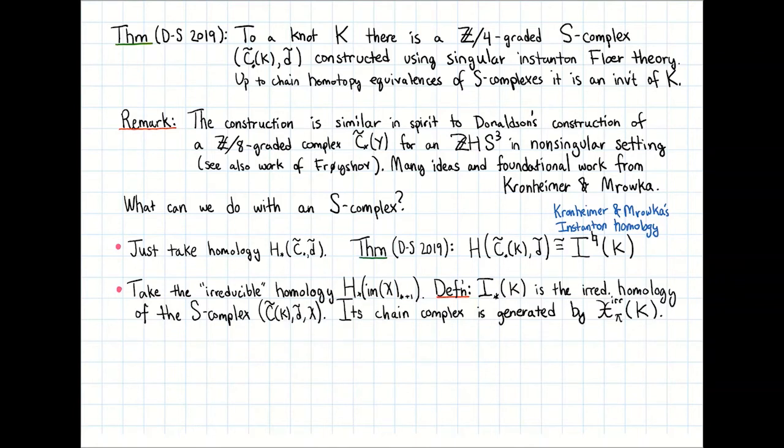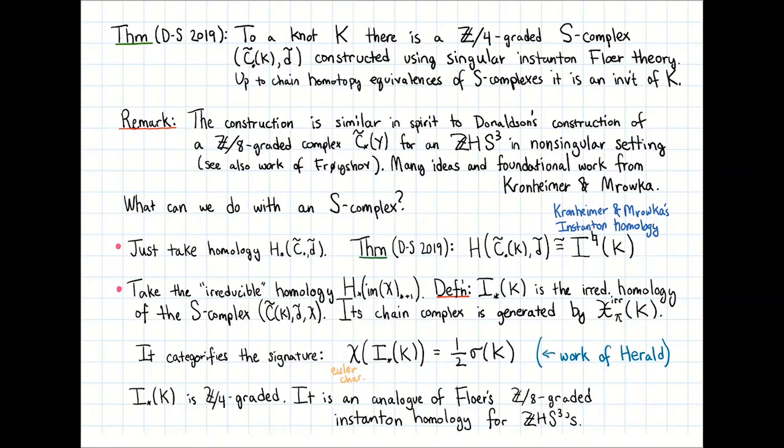So we can define the irreducible instanton homology of a knot to be the irreducible homology of its S complex. We call it the irreducible homology because at the chain level it's generated by the irreducible character variety up to perturbation.